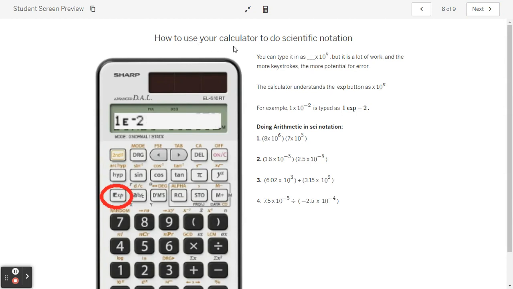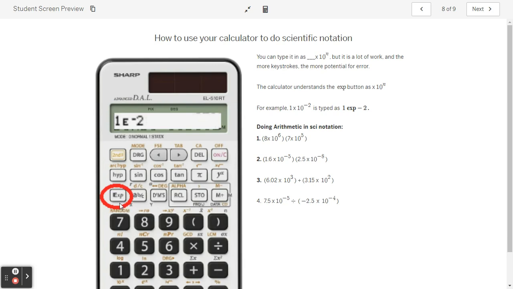Now, how do you use your calculator to do scientific notation? Well, you can always type it in as some number times 10 to the nth power, but it's a lot of work and there's more keystrokes. The more keystrokes, the more potential for error. Now, the calculator understands 10 to the power n through the exponent button, EXP.